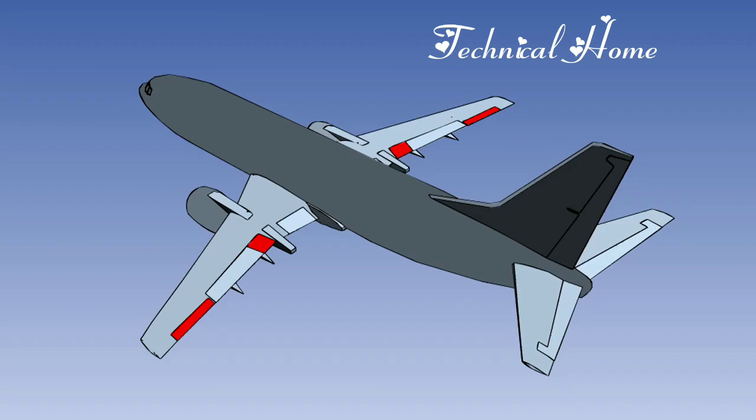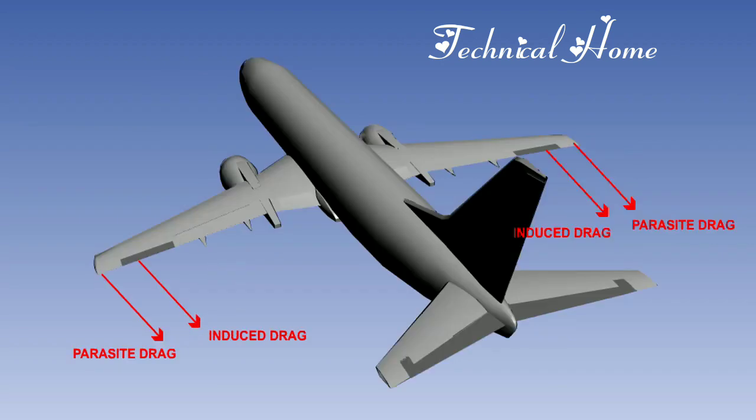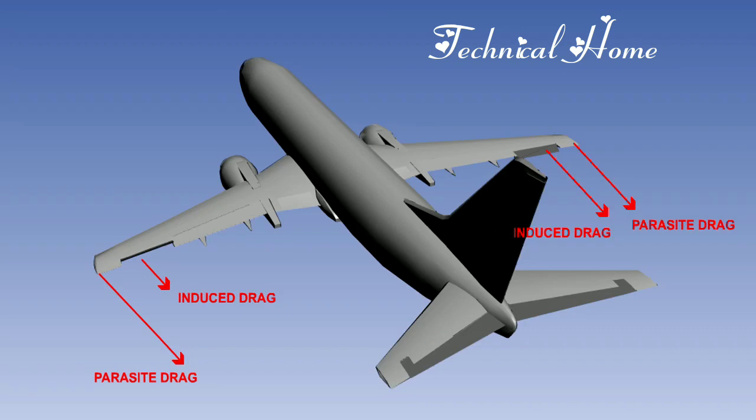The outboard ailerons are normally disabled when the trailing edge flaps are fully retracted. There are a number of methods used to counteract adverse yaw, the most popular being differential ailerons. With this system, the upgoing aileron moves through a greater angle than the downgoing one, to equalize the drag on the wing.